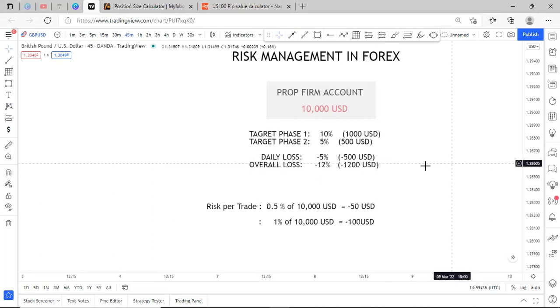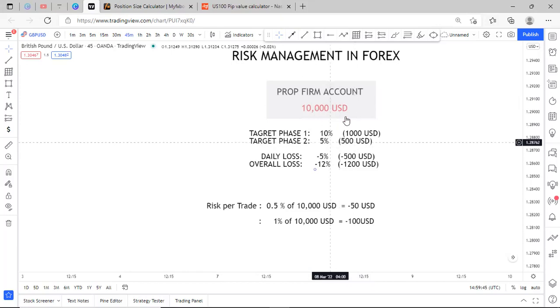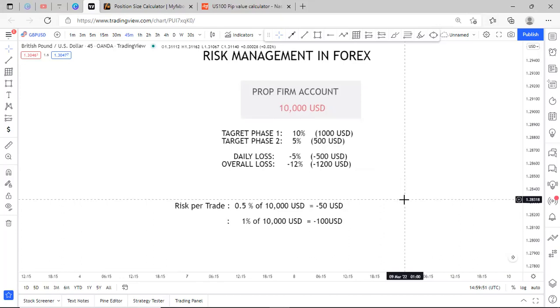Okay, so for you to have good risk management in place and not lose this account, for you to be profitable on this account, you have to make sure you are risking a certain amount per trade. And for me, I always advise my students to not risk more than 0.5% per trade.